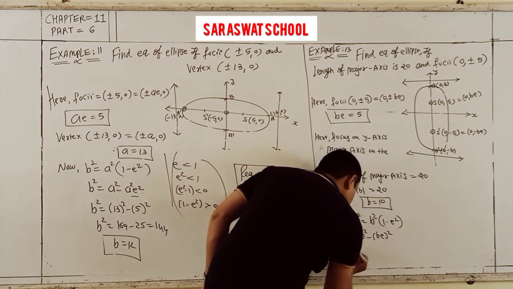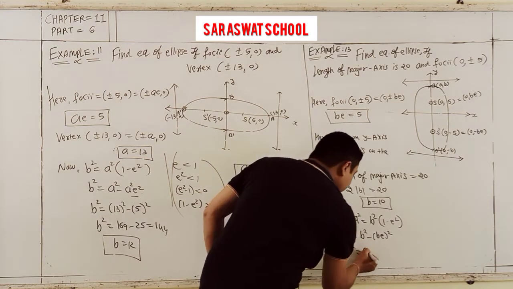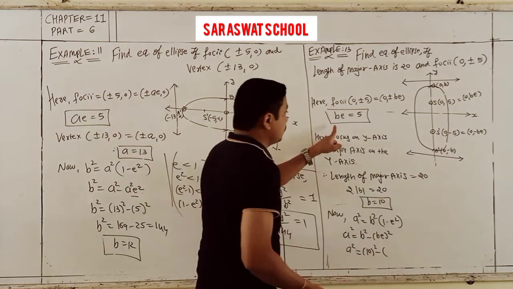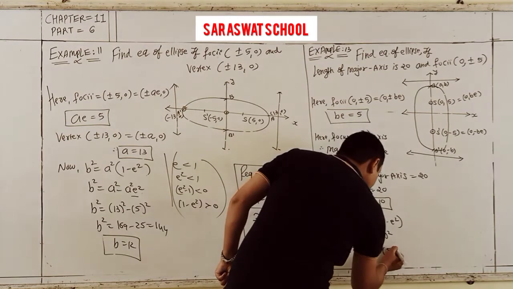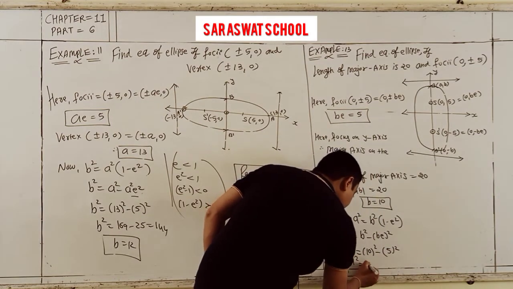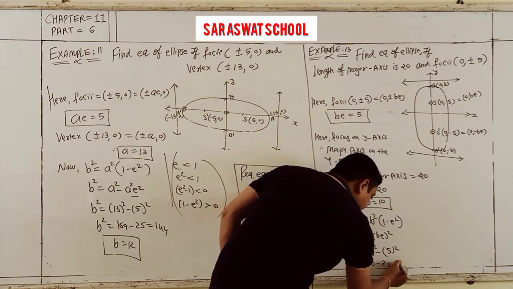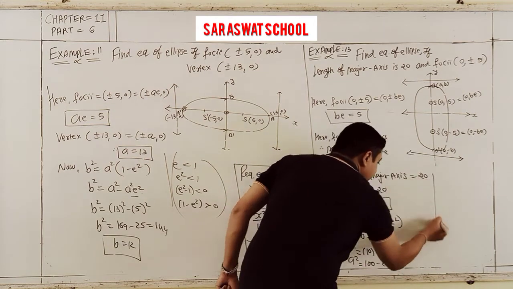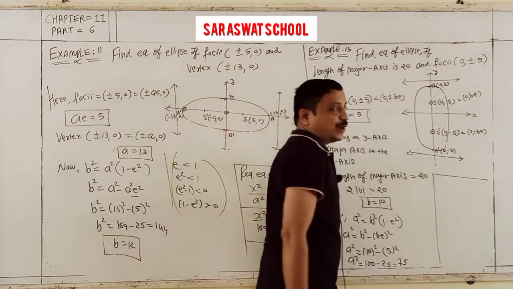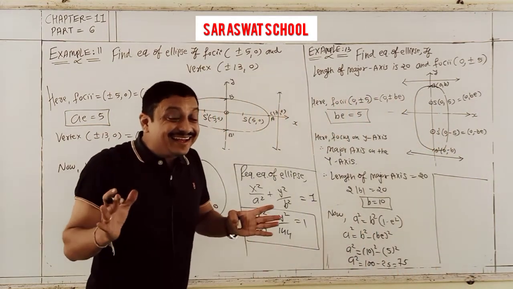Now a square: b you know is 10, and b is equal to 5, so the answer is 100 minus 25, which is 75. Finally, my numerical is easily done.